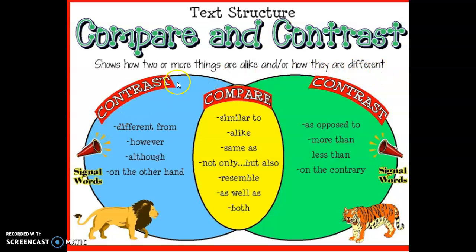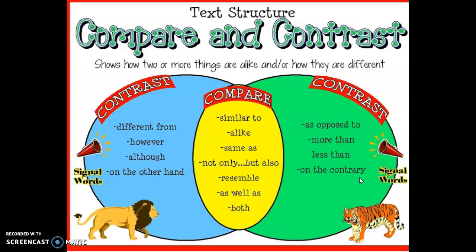When we contrast, we tell how they're different, okay, and some of the signal words are however, although, on the other hand, as opposed to, more than, less than, on the contrary. Now, this list is not exhaustive, meaning these are not the only clue words.